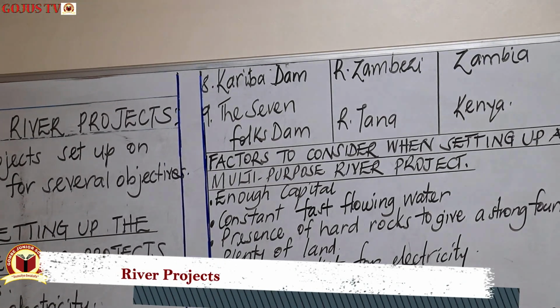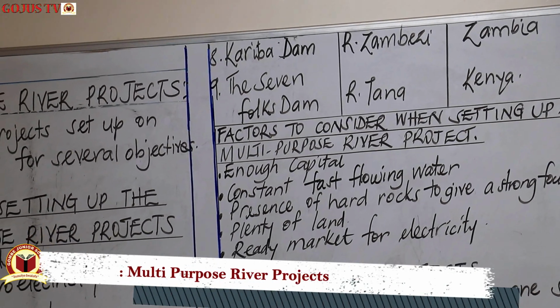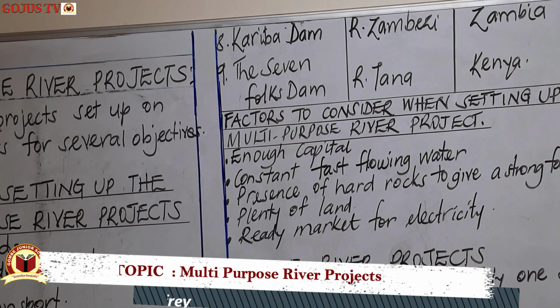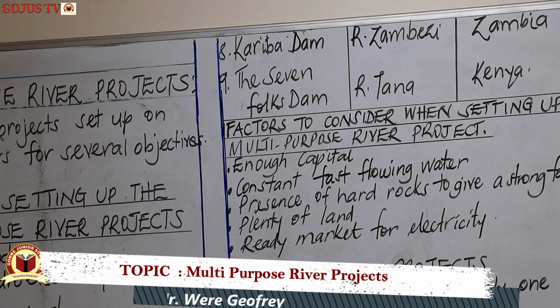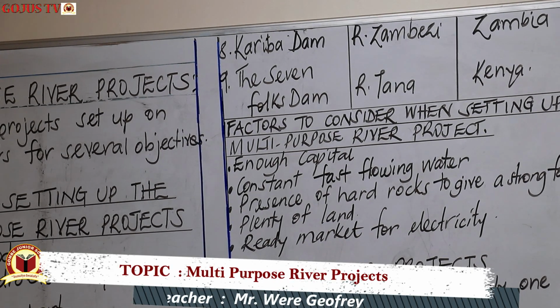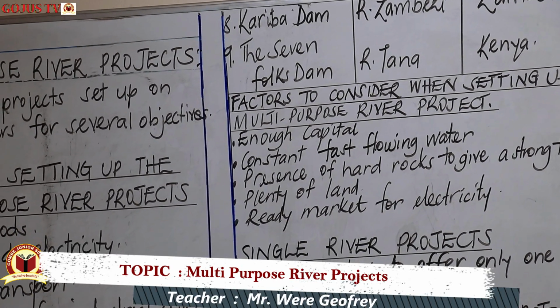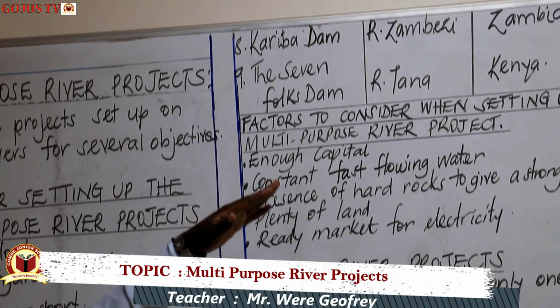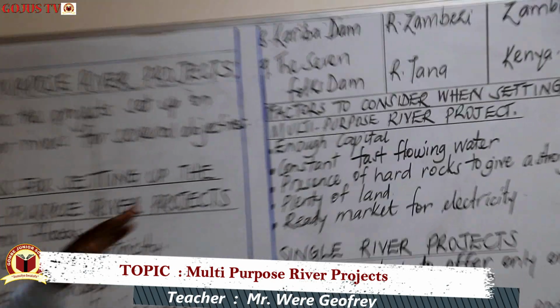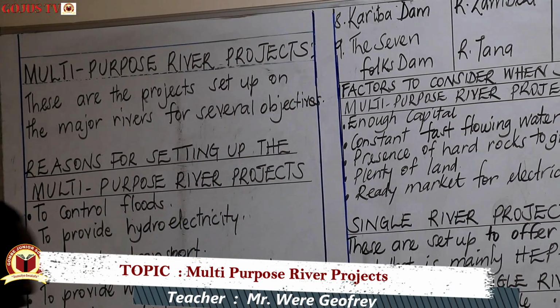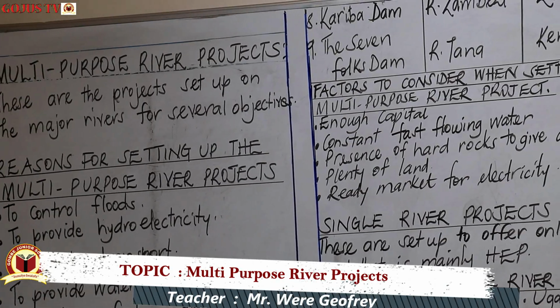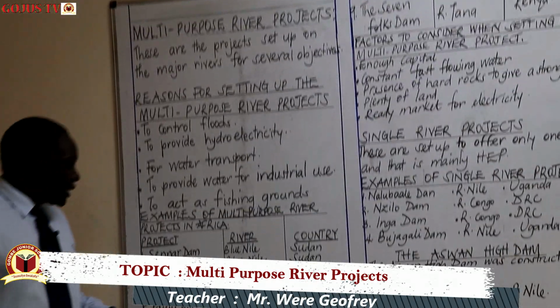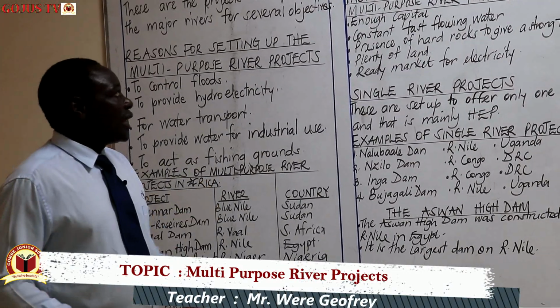Now, note that examiners can fire you a question. Write any one multipurpose river project found on River Zambezi, but they specify Mozambique or Zambia. If they talk about Zambia, we have the Kariba Dam. If they talk about Mozambique, we have the Cahora Bassa Dam. Take note of that.